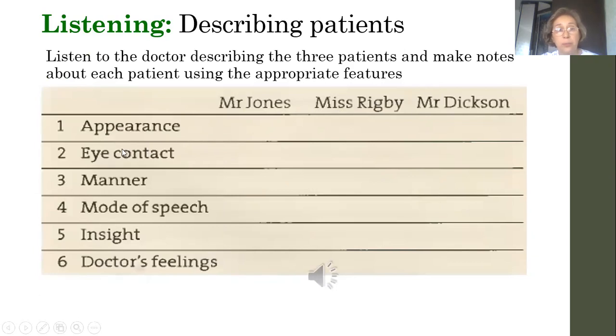While listening, we'll make notes about their appearance, whether they have eye contact with the doctor or not, just plus minus or yes, no. Then about the manner, how they behave, mode of speech, insight, and the doctor's feelings, what the doctor feels at the end of the interview. So please draw this table, and then we'll start listening. For example, insight is understanding what is happening around, whether these people understand where they are.